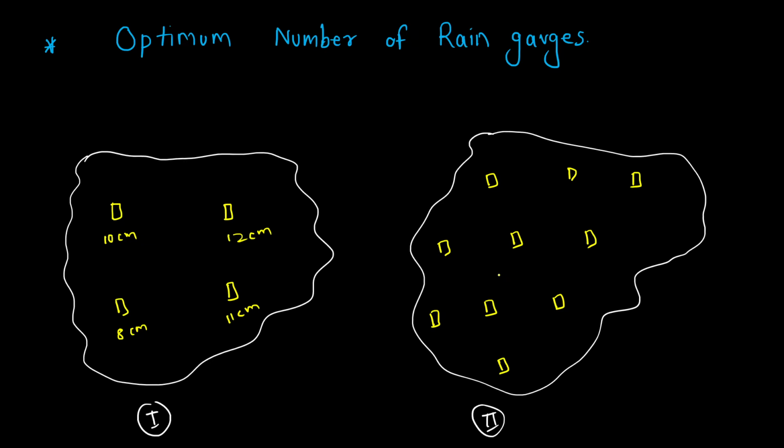In the second case, 10 rain gauges are used. Accuracy of data will be more in which case? In the first case or second case? The accuracy I am talking about here is accuracy of rainfall or precipitation data.